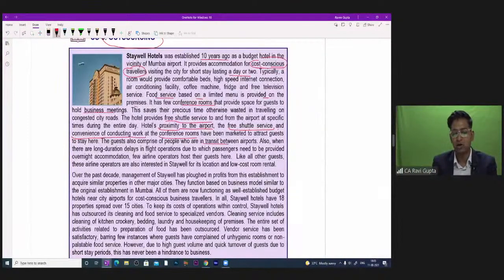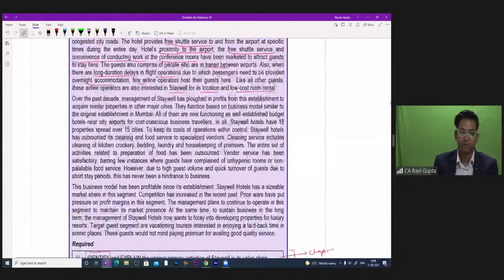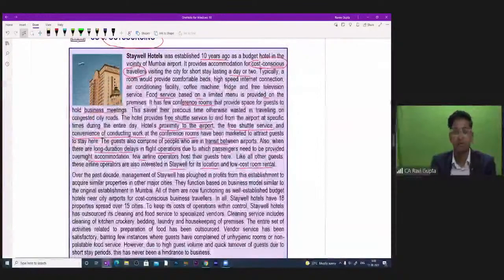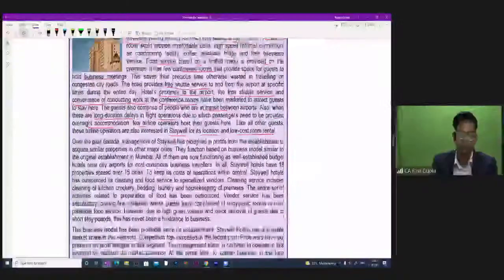Also, when there are long duration delays in flight operations due to which passengers need to be provided overnight accommodation, a few airline operators host their guests here. Like all other guests, these airline operators are also interested in Stay Well for its location and low cost room rentals. Okay, so we have completed the first paragraph, and a lot of information was available from it.